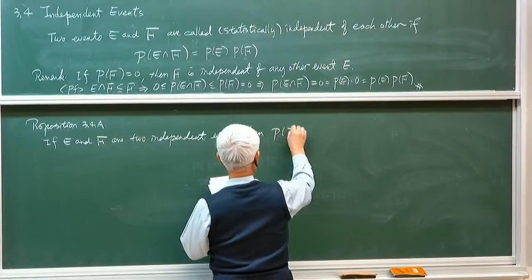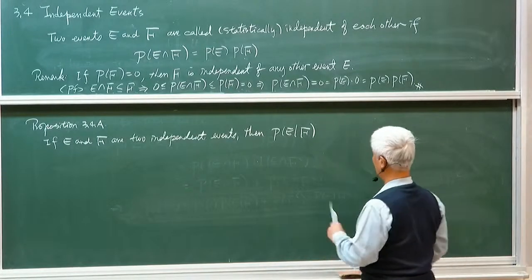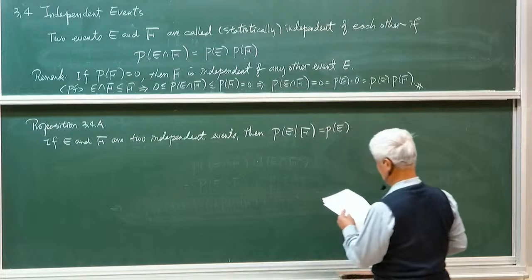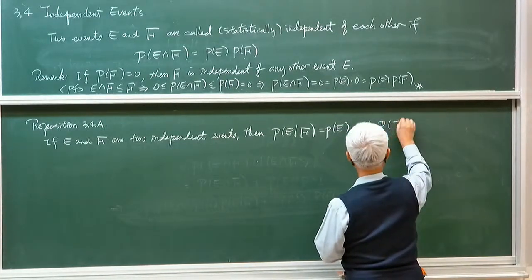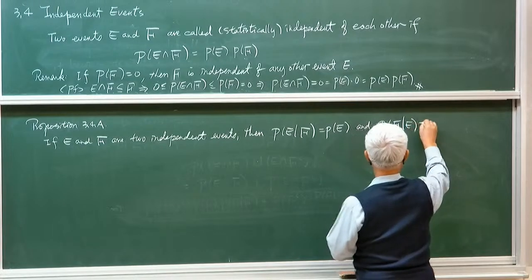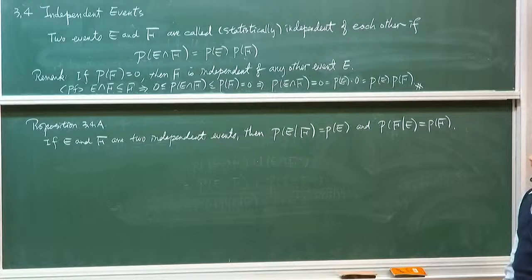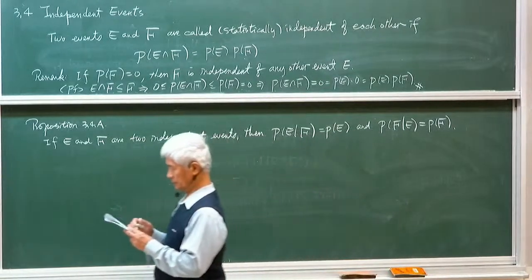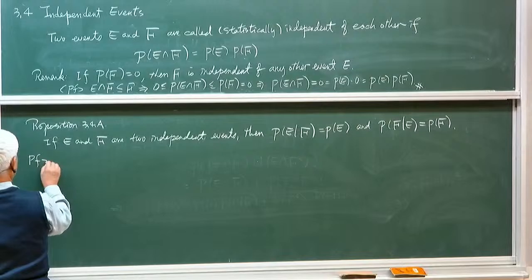the conditional probability of E given event F is equal to the unconditional probability of E. And also, the conditional probability of F given event E is equal to the unconditional probability of F. All right, let's see the proof.